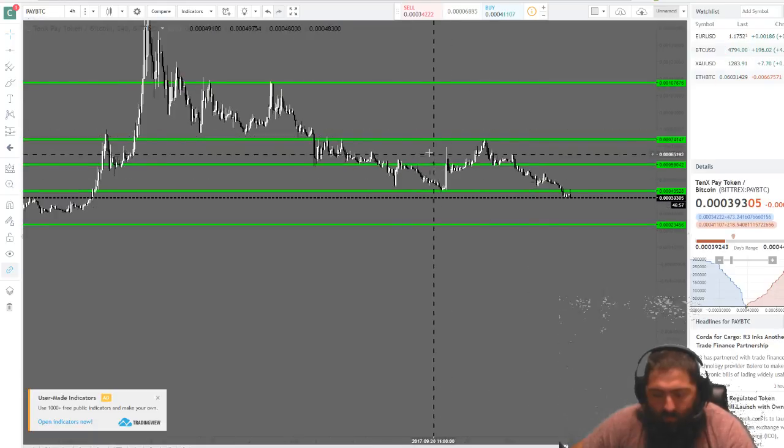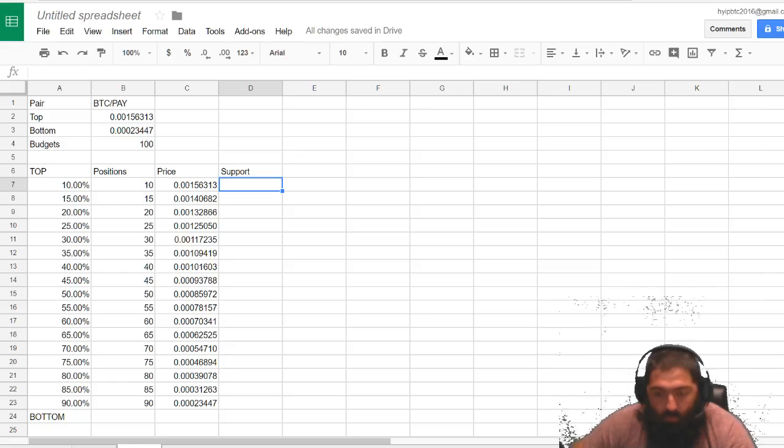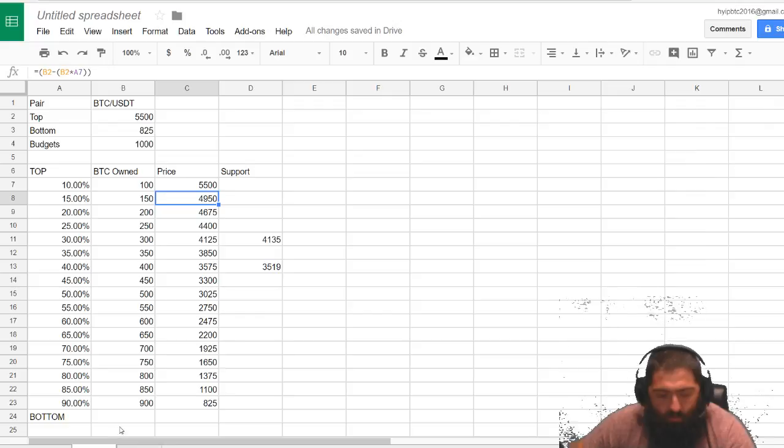Does this make sense to everybody? If you're doing Bitcoin and 2000 is your bottom, then just adjust your plan. This is kind of how I am not sizing positions on BTC USD.